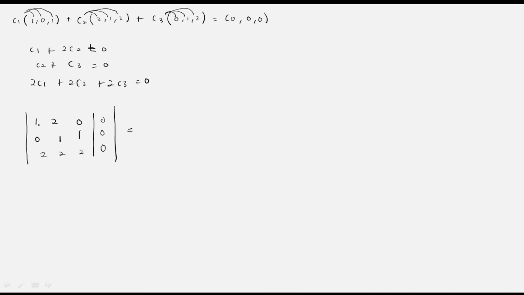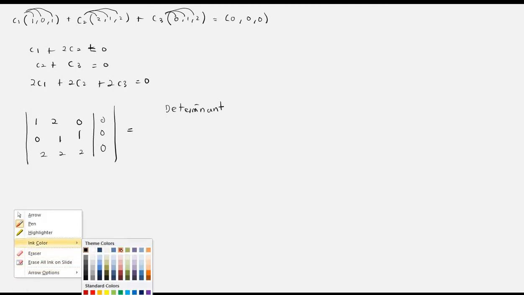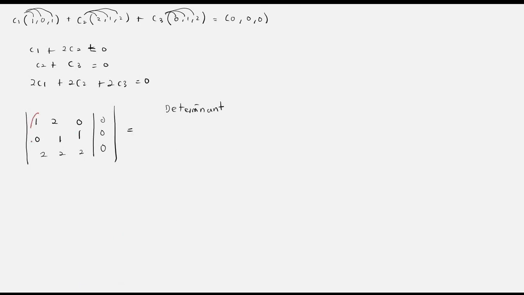Okay, since this is a square matrix, 3 by 3, we can proceed by finding the determinant. Okay, I will choose again the first row. And the signs are positive, negative, positive.